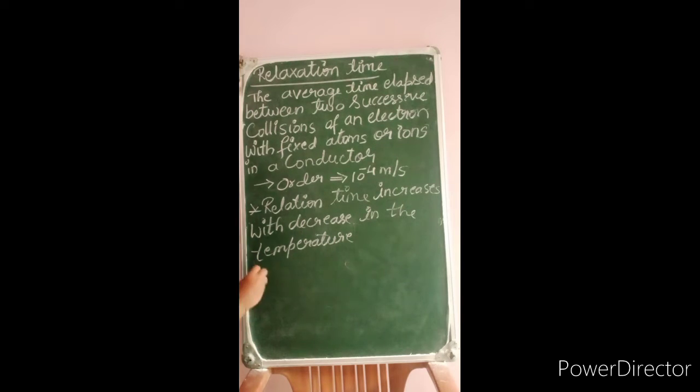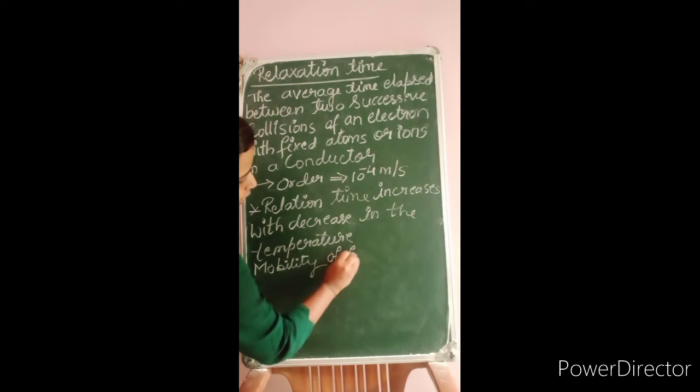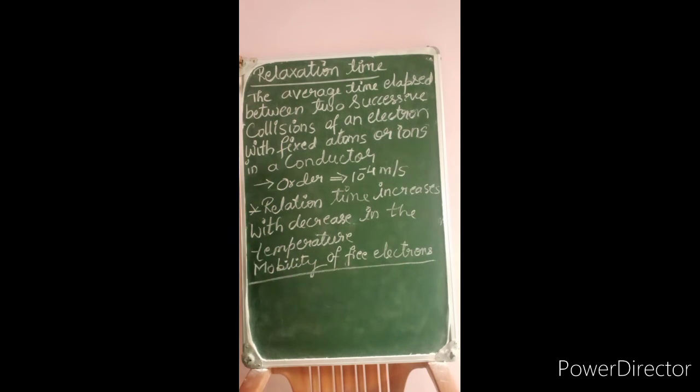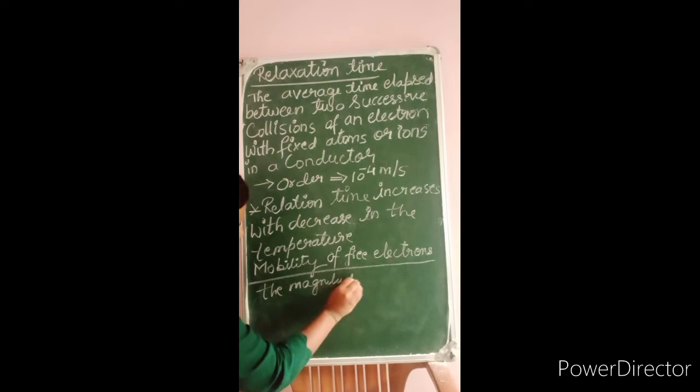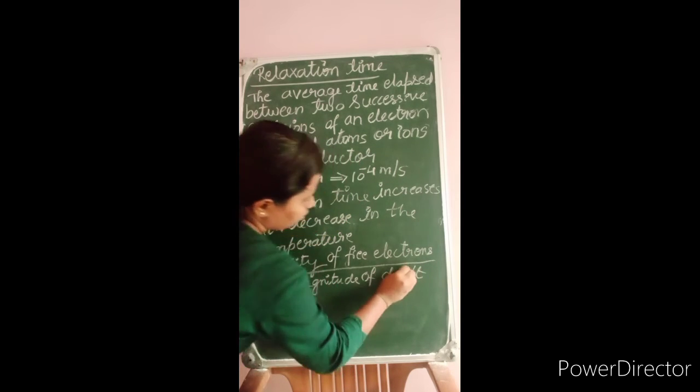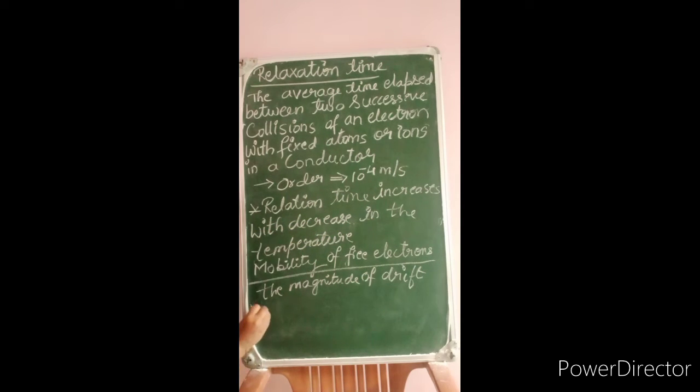Another factor we are going to study is the mobility of free electrons. What is mobility of free electrons? It is nothing but the magnitude of drift velocity per unit electric field.